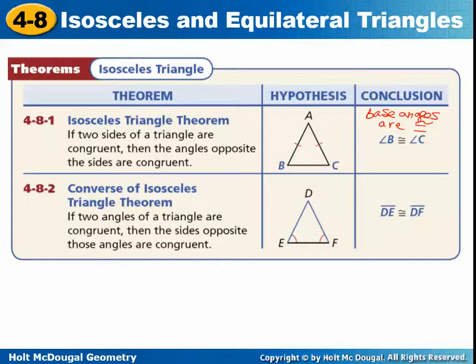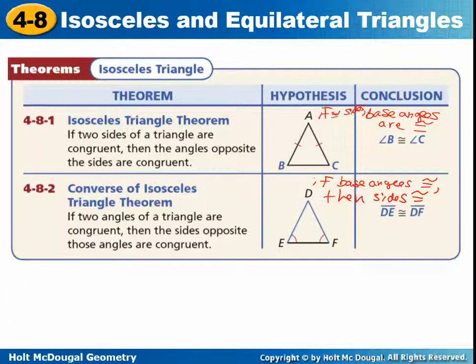The converse says that if the base angles are congruent, then the sides are congruent.